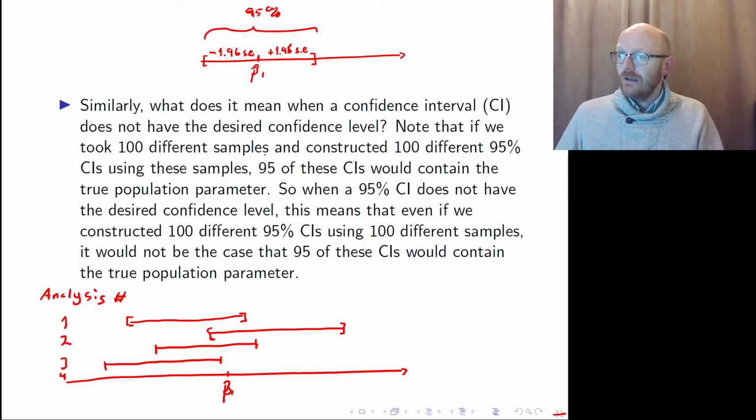But if, because of heteroscedasticity, we do not have the correct standard errors, then we are led to believe that we have a 95% confidence interval, whereas the true interval should have been larger.